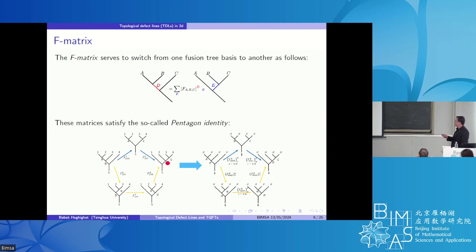So the structure automatically gives rise to these F matrices and these identities. It's just self-consistency, if you want. And whenever there are these indices along these legs here, they're meant to be summed over. The external ones are all fixed, but the internal ones, the C, D, and so on, are all meant to be summed over, as written here.